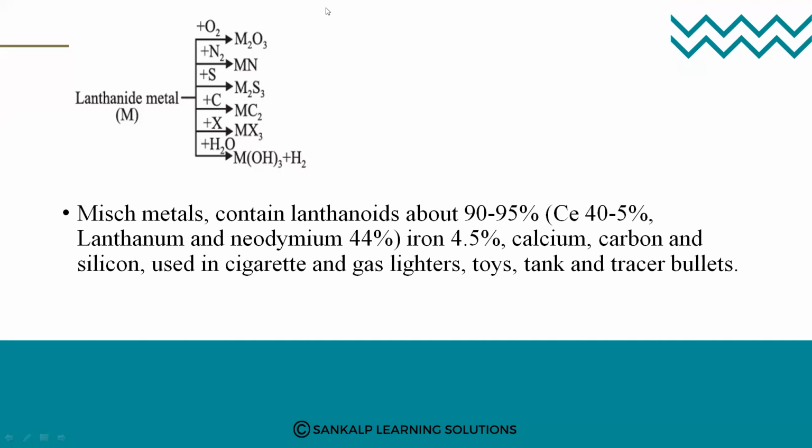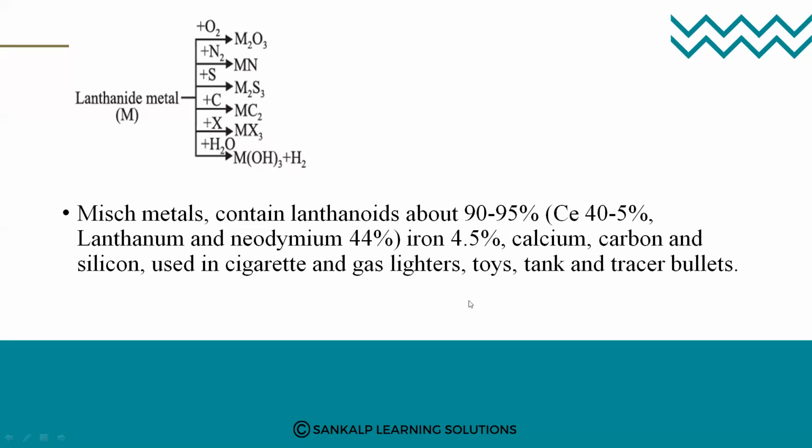Commonly the oxidation state of lanthanide is +3. When it reacts with sulfur, it forms M2S3. When it reacts with carbon, it forms MC2. When it reacts with halogens, it forms MX3. When it reacts with water, it forms hydroxides like M(OH)3 plus H2. So these are some of the reactions of lanthanide metals.